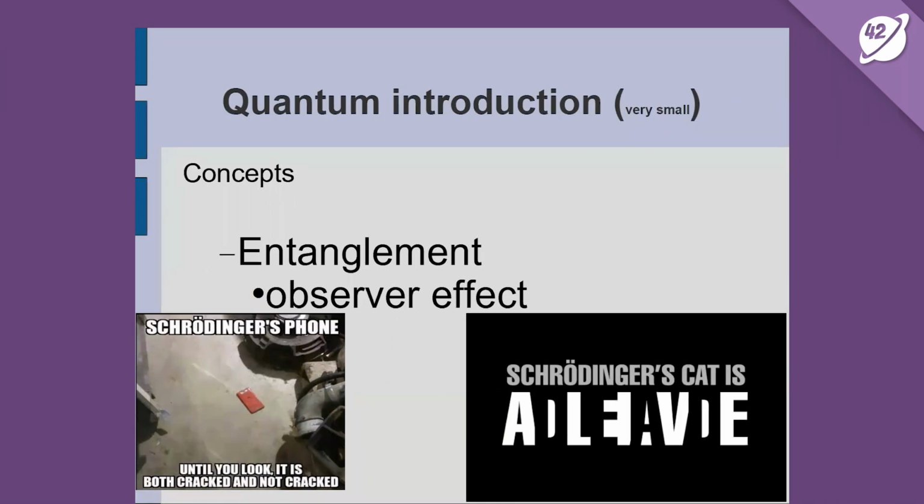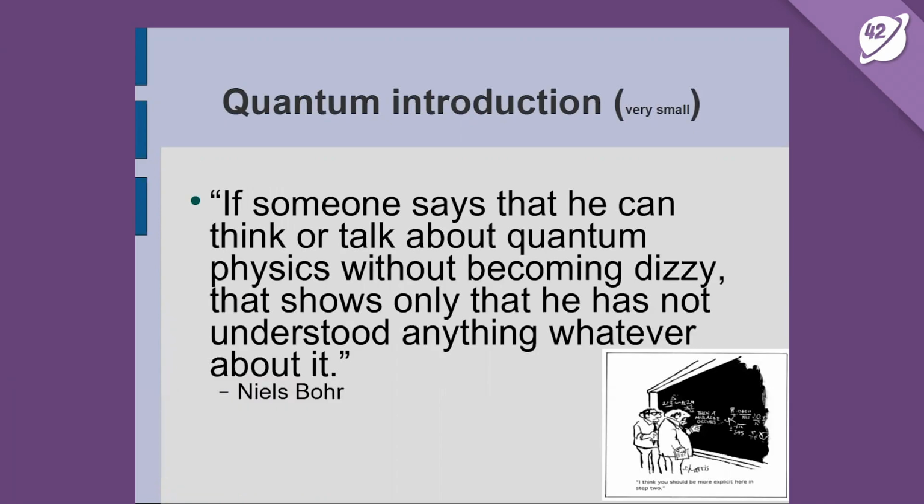But the entanglement of multiple qubits is what gives us the opportunity to perform the same function on a bunch of qubits. And again, find out which answer it is that actually fits with one operation. And here's the Bohr quote: if someone says that he can think or talk about quantum physics without becoming dizzy, that shows only that he has not understood anything whatever about it.